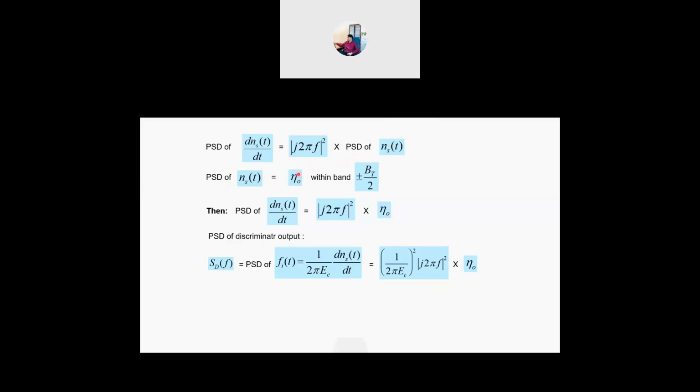I forget how to pronounce this, so I put just N, but it's not N. This one is actually this. The way you write it should be like this one.